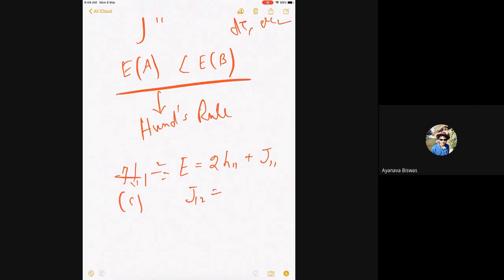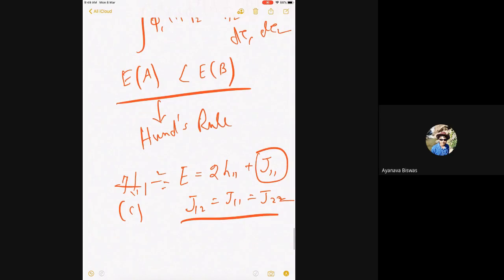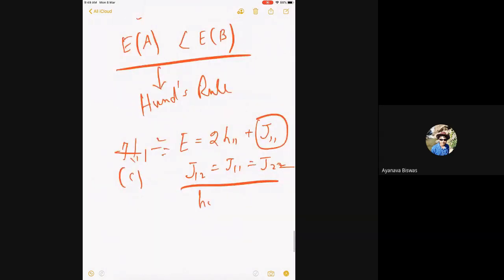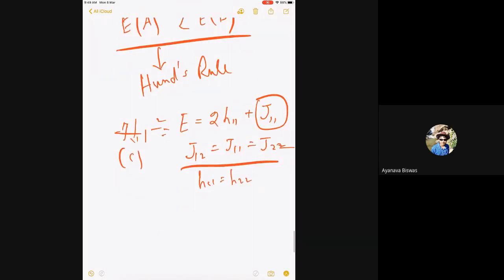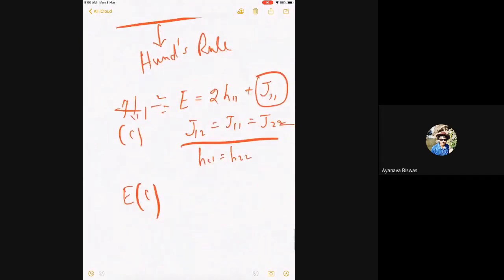J12 is identical to J11, is identical to J22 because they are degenerate orbitals. By symmetry, you can actually prove. So this is nothing but J12. And H11 is also same as H22. So this energy of C is actually nothing but the energy of B, where K12 was missing.